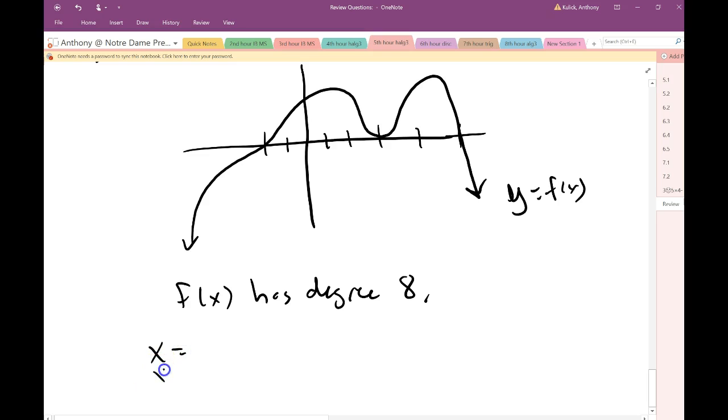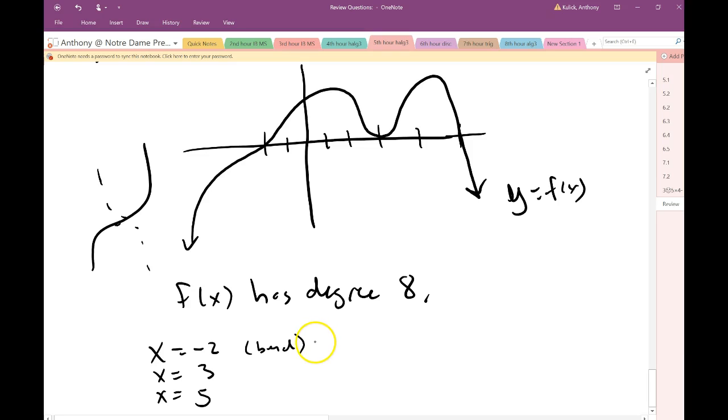What zeros do you see? Okay. And what kind of zero is -2? Is that a bend, a bounce, or a straight? That's a bend. Bends look like half a parabola on each side.